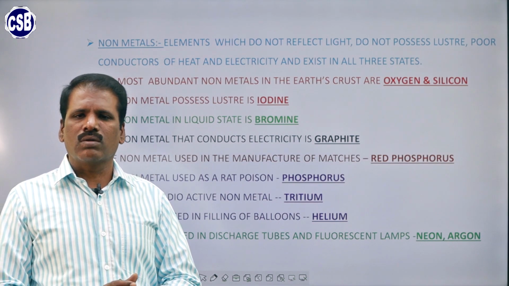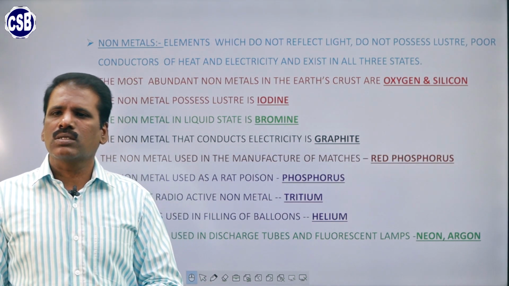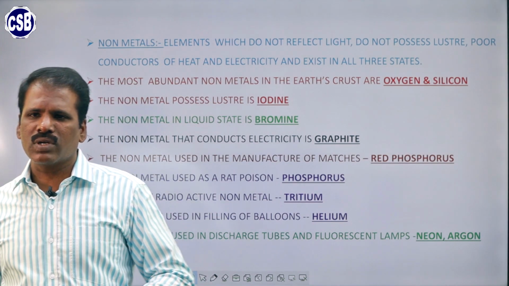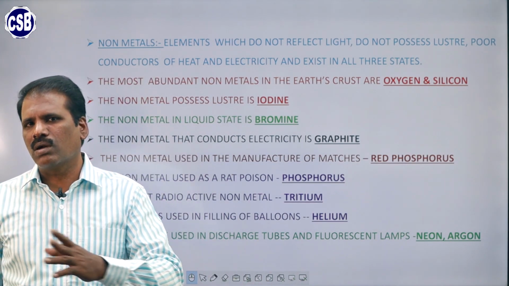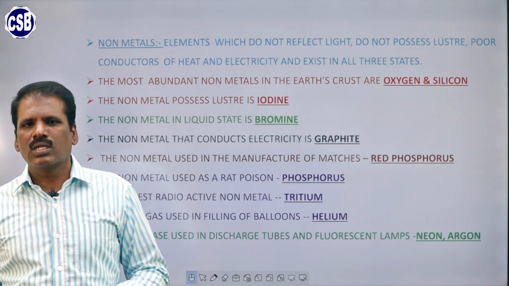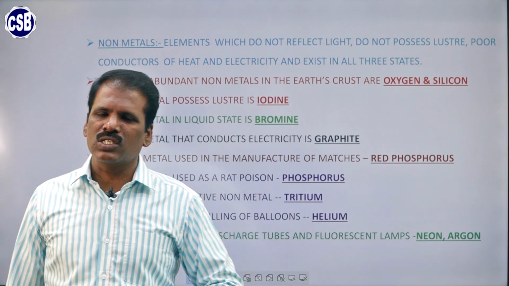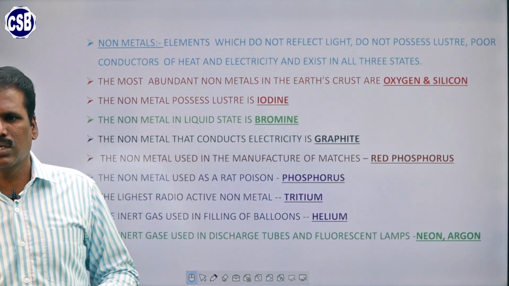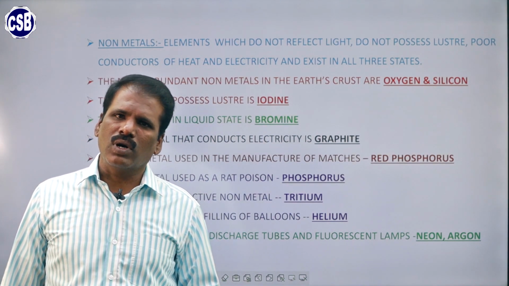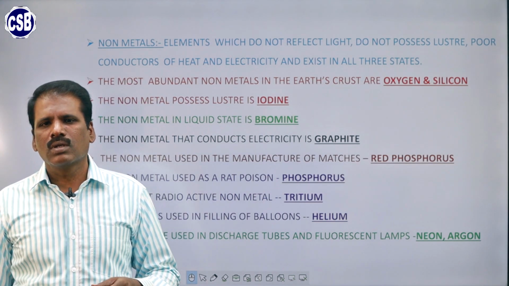Looking at the important differences, metals are good conductors of heat and electricity, but non-metals are poor conductors. They will not conduct heat and electricity easily. There is one exceptional case, graphite, an allotrope of carbon, which conducts electricity.